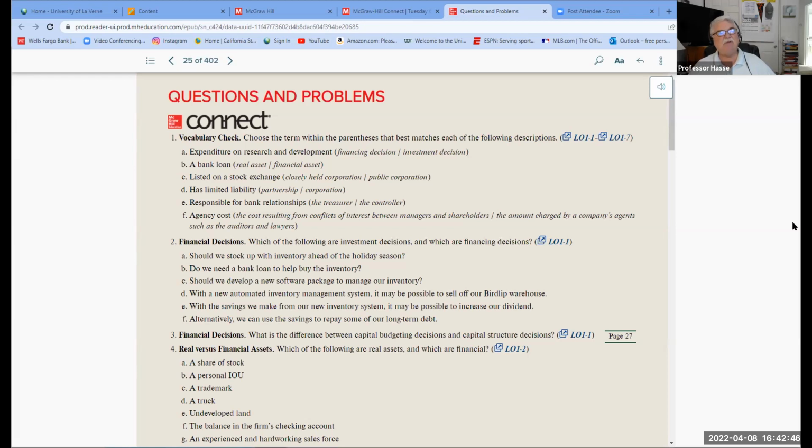The limited liability for a corporation is that you can only sue the assets of the company. You cannot sue the ownership of the company. That's limited liability. Whereas with a partnership, you can sue the assets of a company, but also sue the partners as individual owners of the company.